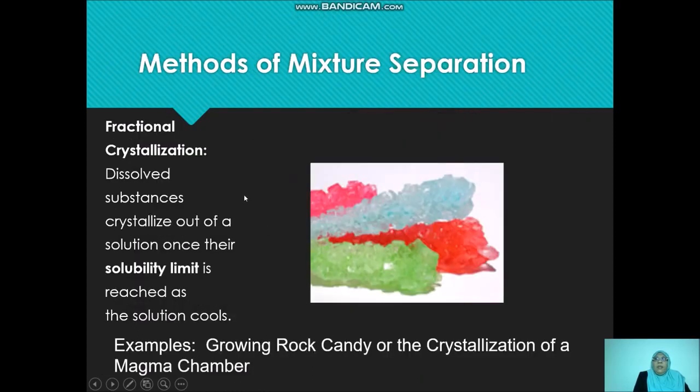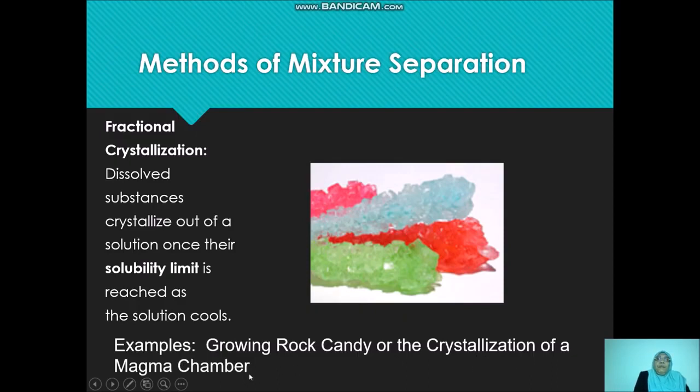Next, fractional crystallization. Dissolved substances crystallize out of a solution when their solubility limit is reached as the solution cools. Examples are growing rock candy or crystallization in a magma chamber.